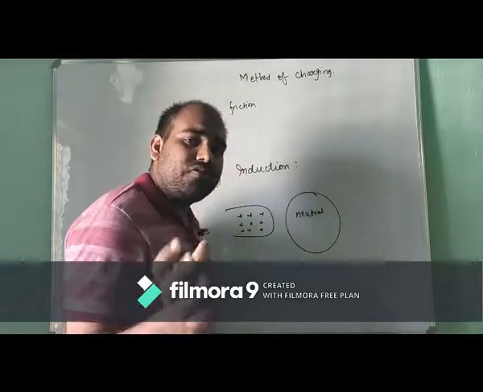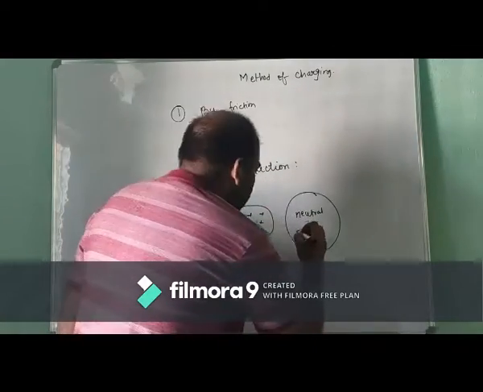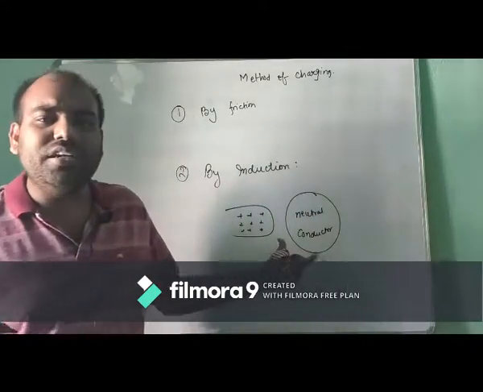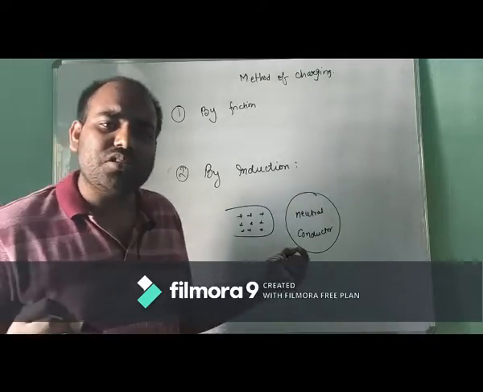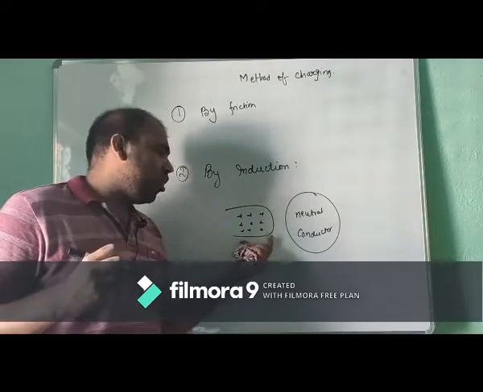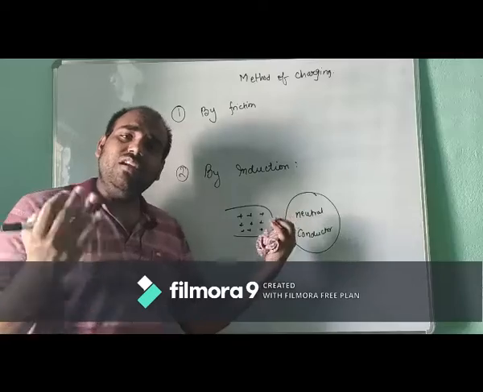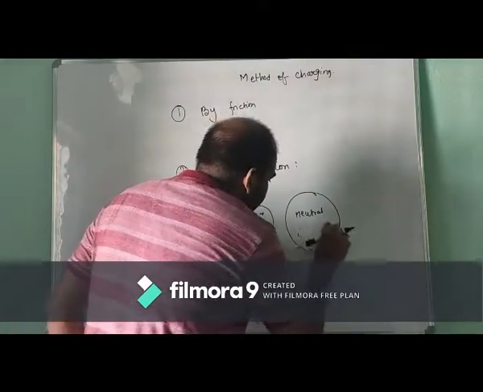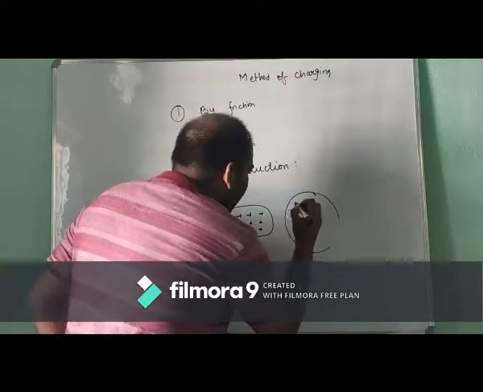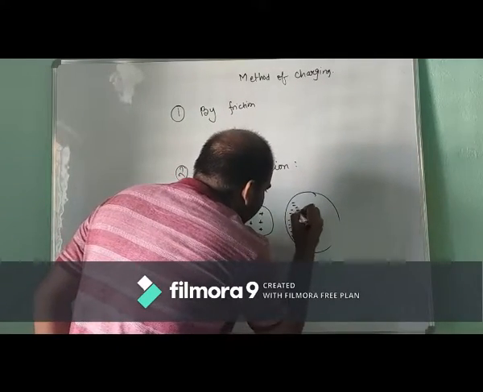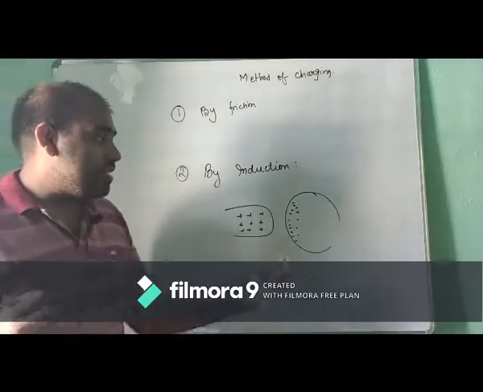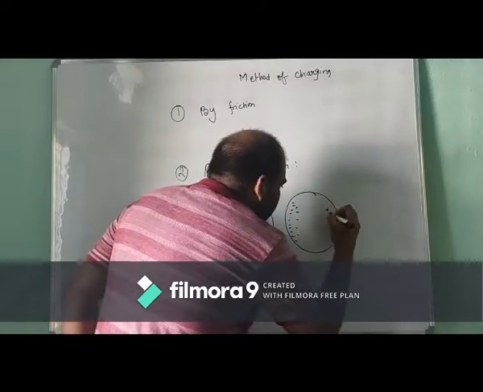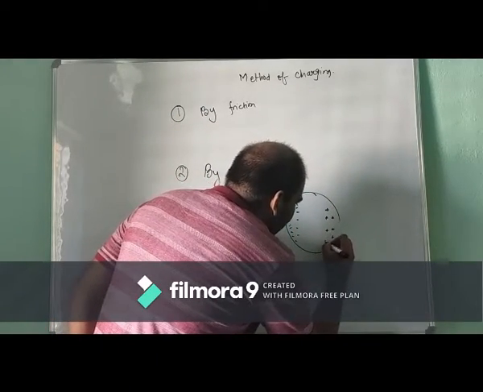Now you know the difference between a conductor and an insulator, and we know in a neutral conductor there is an abundance of free electrons. Because of this positive charge, which will attract the electrons, electrons will accumulate on this side. Since the electrons accumulate on this side, positive charge will develop on the other side.